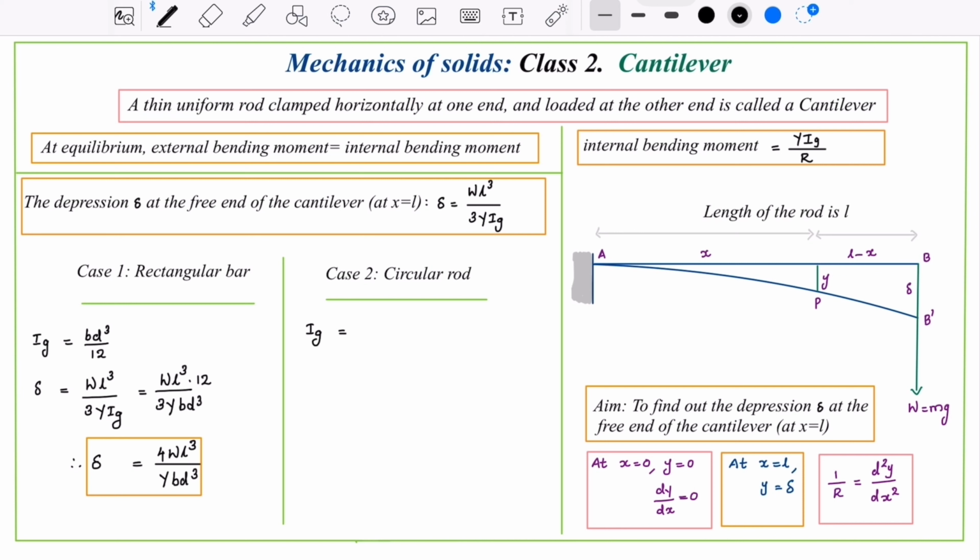Now for a circular rod, the geometric moment of inertia Ig is pi r raised to 4 divided by 4. Here r is the radius of the circular rod and L is the length of the rod.